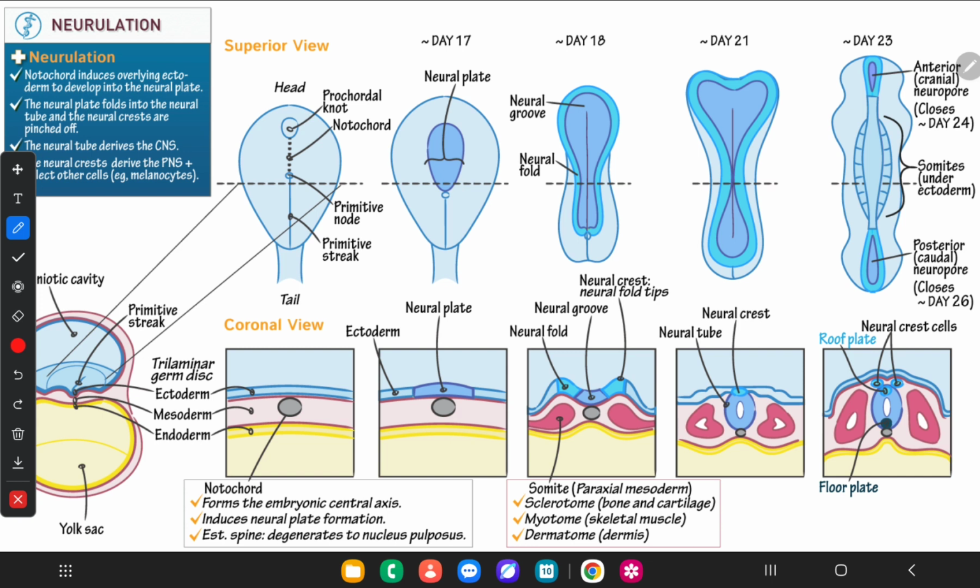Actually, the closure of the cranial neuropore occurs at approximately day 25, whereas the posterior neuropore closes at day 28. About day 24 to 25 the anterior or cranial neuropore fuses together, and the posterior or caudal neuropore closes at day 26 to 28.